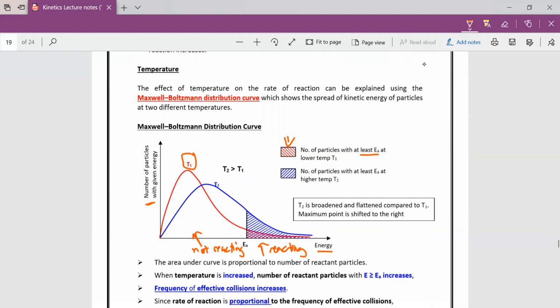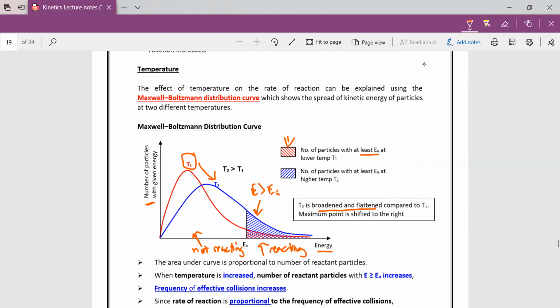Okay, so if we raise the temperature to T2, what happens to the graph? The graph is broadened and flattened. And we will have more of the particles having energy E greater than activation energy.